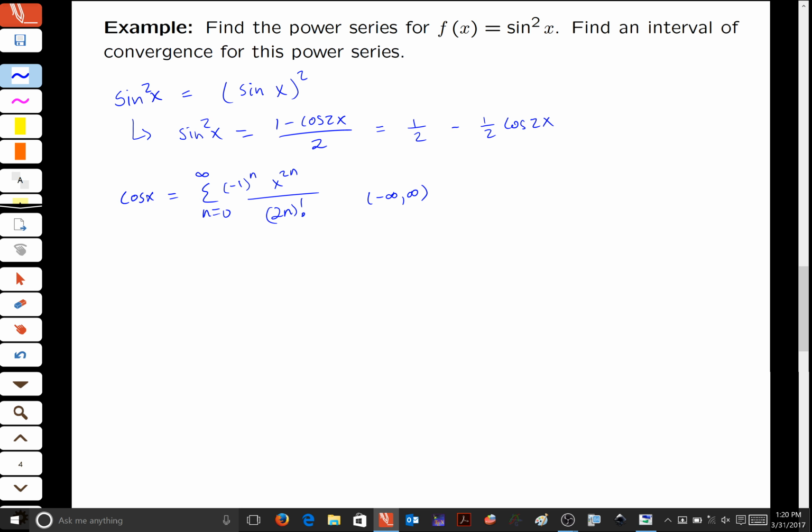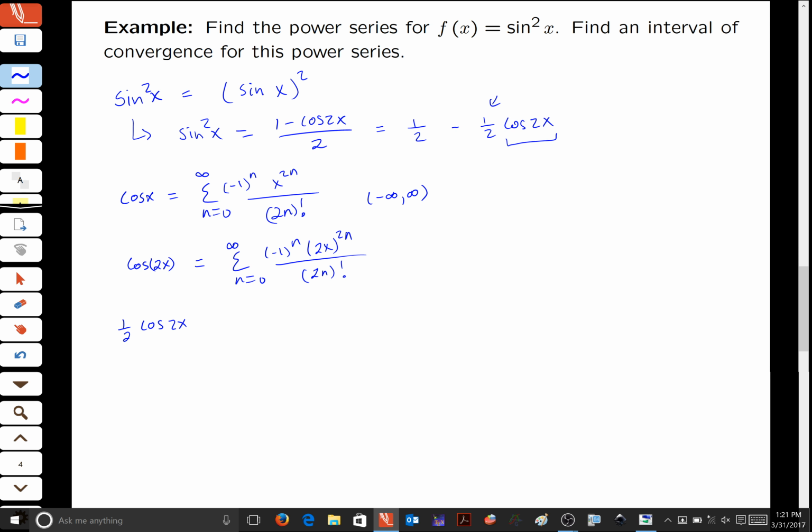We have to find cosine 2x. So plug in 2x where you have x. And now we're going to multiply it by the 1/2 out in front.